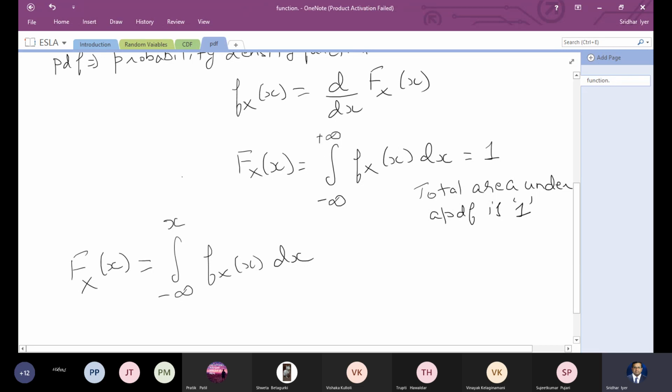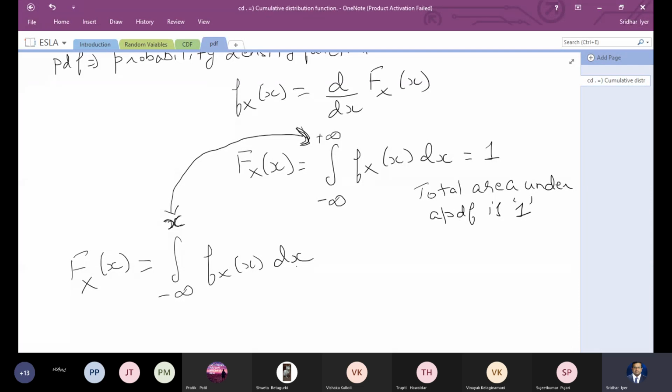Here, I have conducted all the experiments till plus infinity, so the total probability is 1. Whereas here, I am conducting the experiment till some value x. I do not know what that value will be. Once I evaluate the integral, only then I will get the value. Obviously, this value cannot be 1 because I have not conducted all the experiments. Once we solve the numericals, you will understand what exactly the difference is.